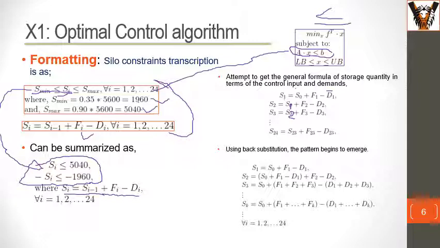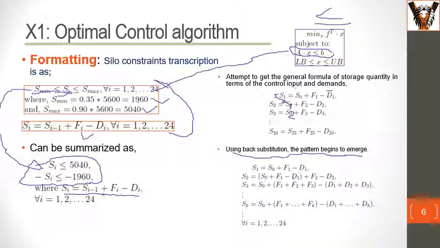And so on and so forth up to S24. In fact, if we use back substitution, because we can see that in this case here, this equation we can substitute into this other equation, the value of S1. If you do that, then we can have S2 in terms of S0 and F1 and D1.